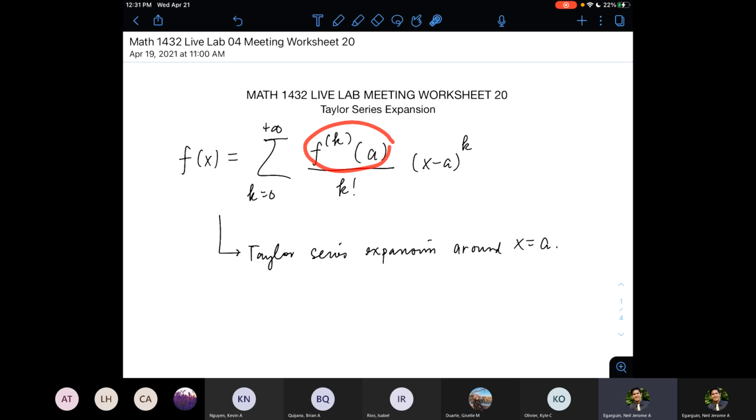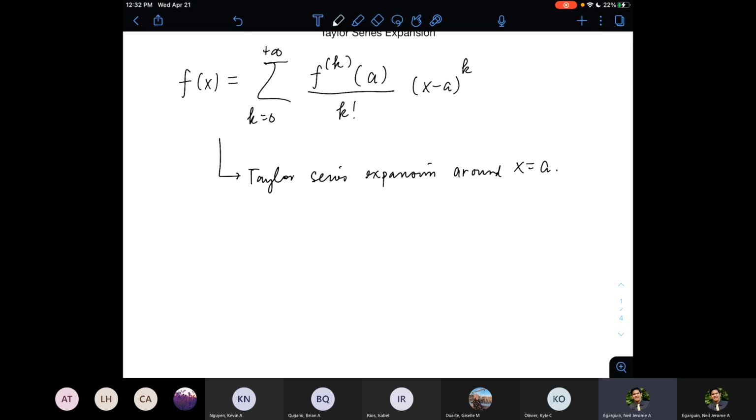Usually we need to take a look at the pattern for the derivatives. And then we'll have k factorial as the mainstay there, and x minus a to the power k.